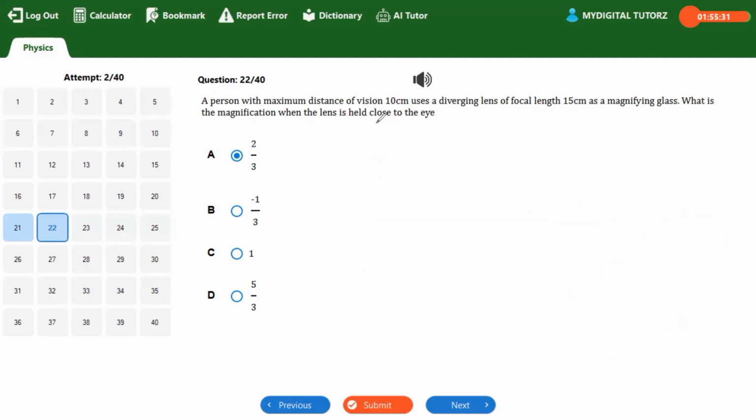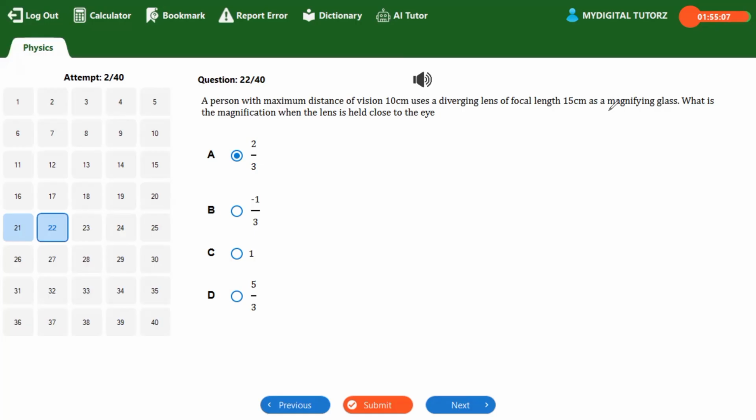So here, magnification can be linear magnification or angular magnification, but since we are dealing with an application, which is a magnifying glass here, unlike if the light is incident on a plane surface, where we'd be talking about linear magnification.